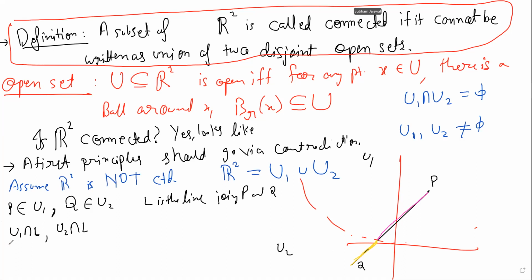And obviously these two are both open, right? They are both open in the line by definition, right? So we have kind of taken two open sets and broken up the line into two open sets.